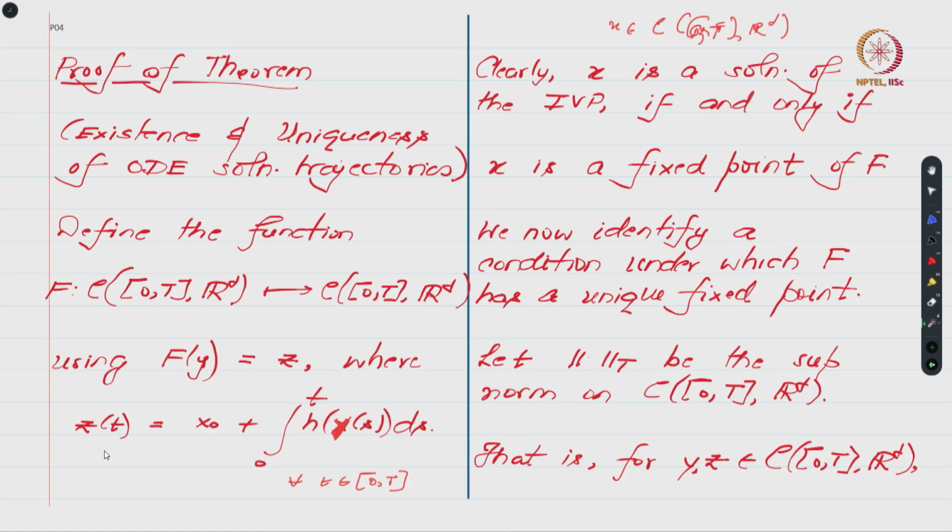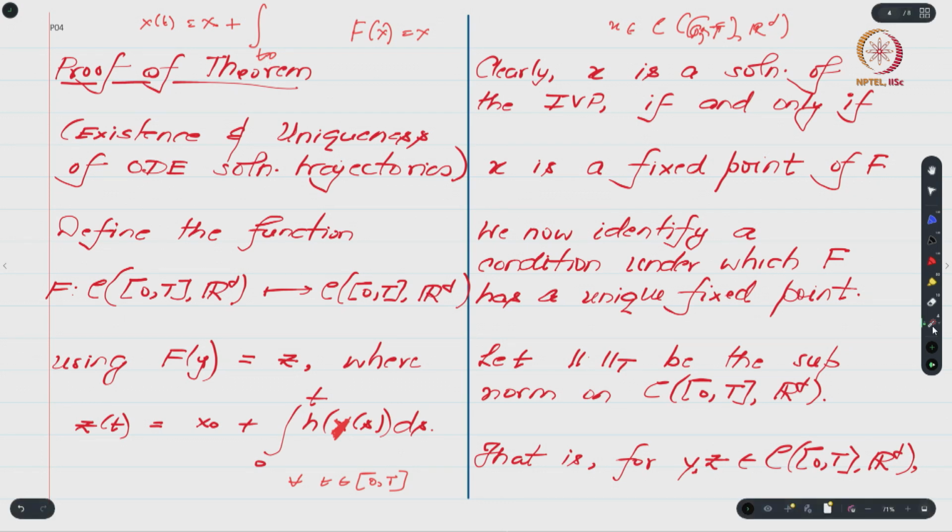So fixed point basically means that your f of x should be x. In other words, your x of t should equal x naught plus the integral from 0 to t of h of x of s ds.